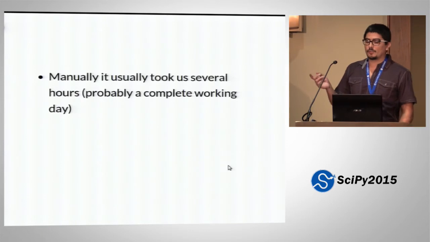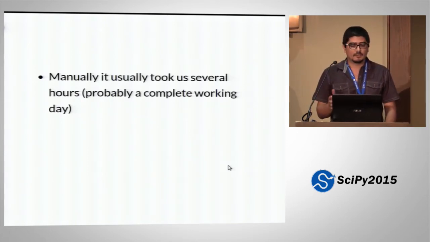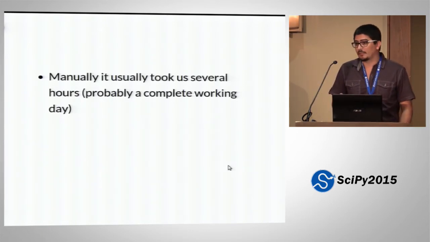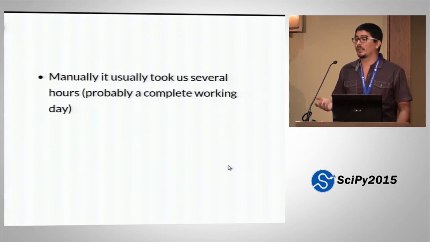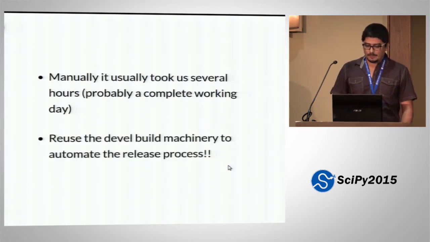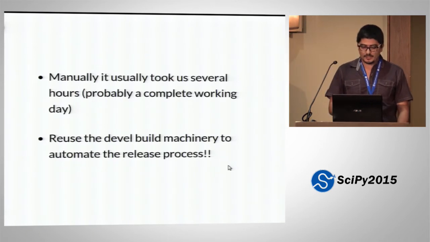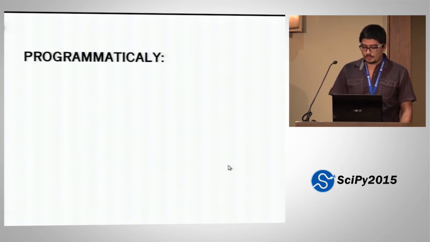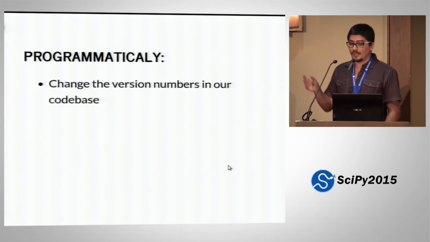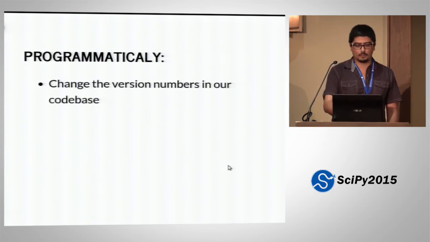Manually, it usually took us several hours to do a release, essentially maybe a complete working day. So we thought, let's reuse the dev build machinery to automate the whole process. Programmatically, we changed the version numbers in our code base.